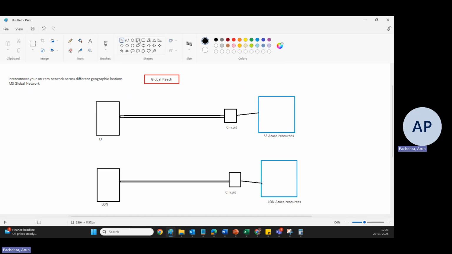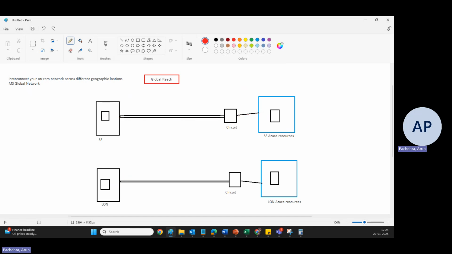So the resources residing here can easily go and talk to their Azure resources through this circuit. London can also, not outside but through this circuit, talk to this one.